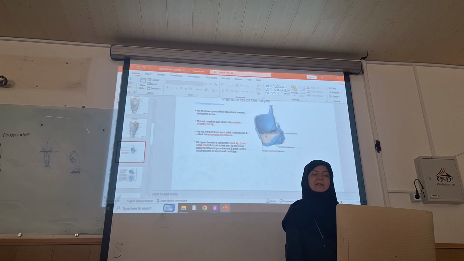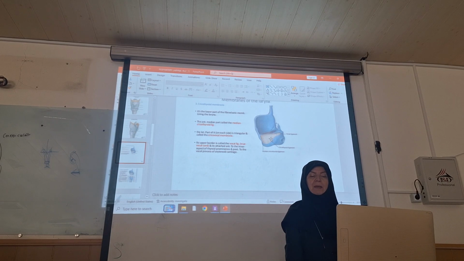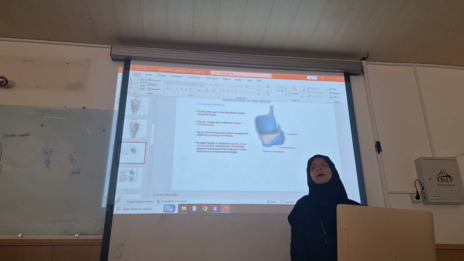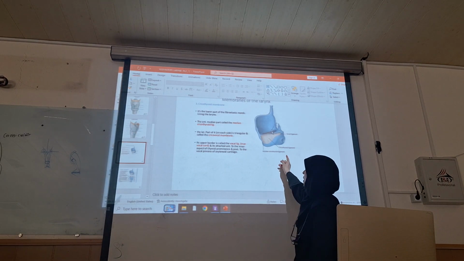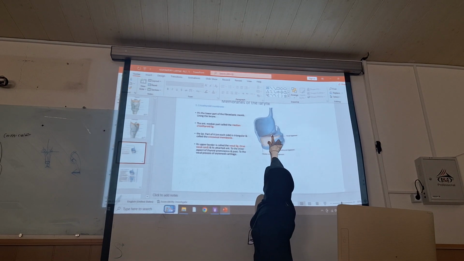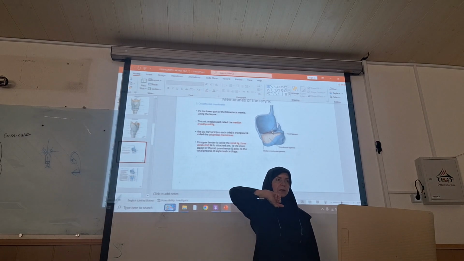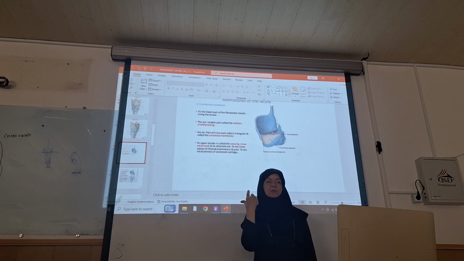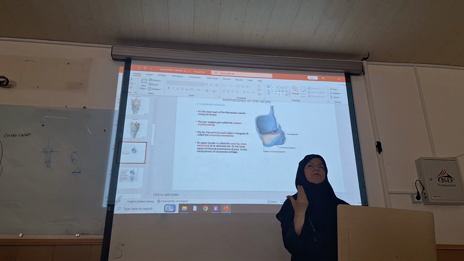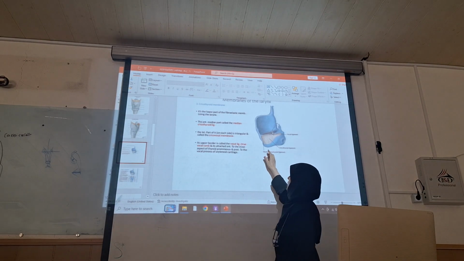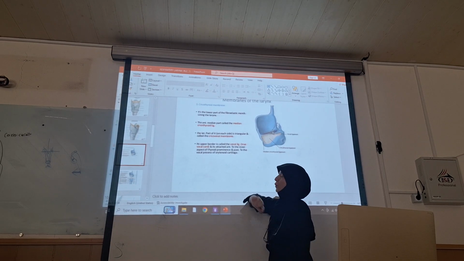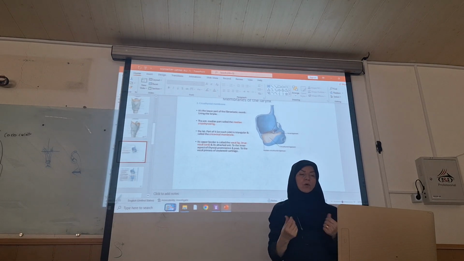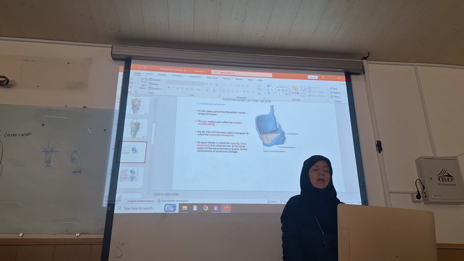The free superior border of this membrane we can call the cricovocal ligament. Okay? It is going to form for you the true vocal cord. It is going superiorly to form for you the vocal ligament, the vocal cord.